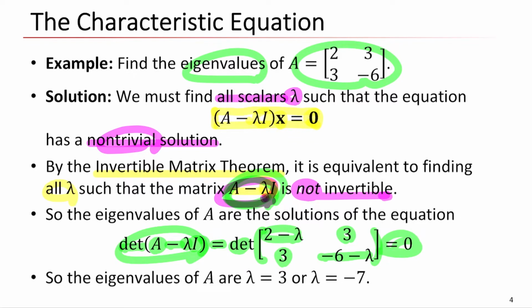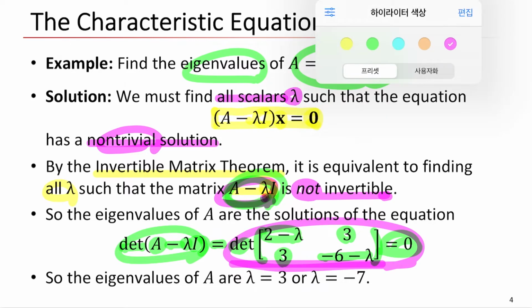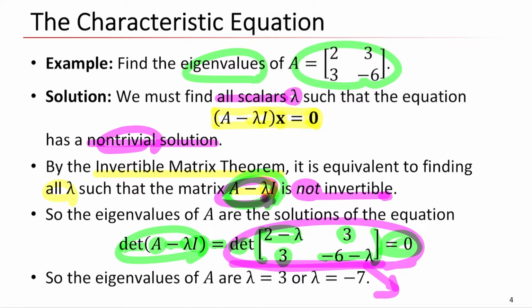Okay, by using the definition of the determinant, we can solve this equation, right? So you can easily find the determinant of this one. If you can, please go back to our determinant lecture, maybe lecture 8.1 and 8.2. Then we can easily find that lambda is 3 and lambda is negative 7.